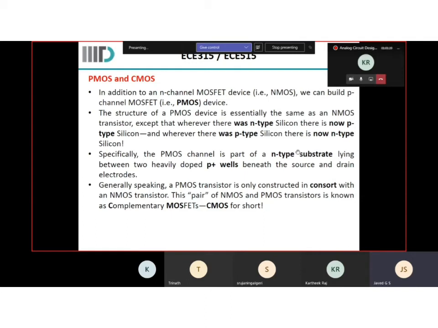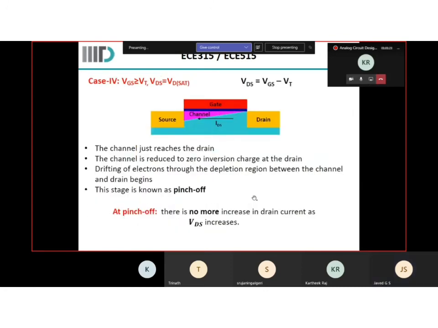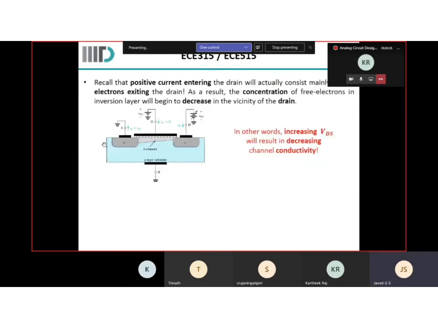For people who are not able to follow, we will refer to this diagram. In this diagram, you see a heavily doped N plus region and another heavily doped N plus region for the source and drain, and a moderately doped P-type substrate.